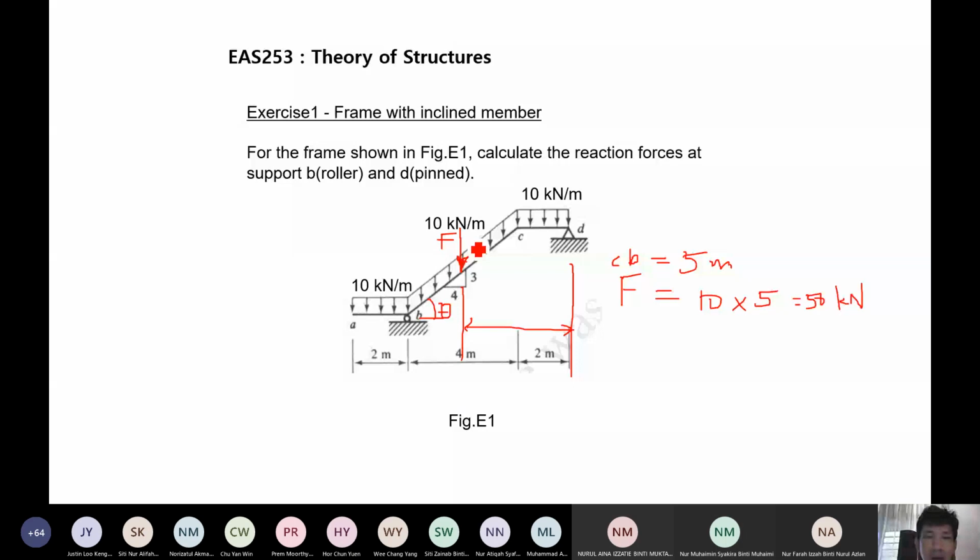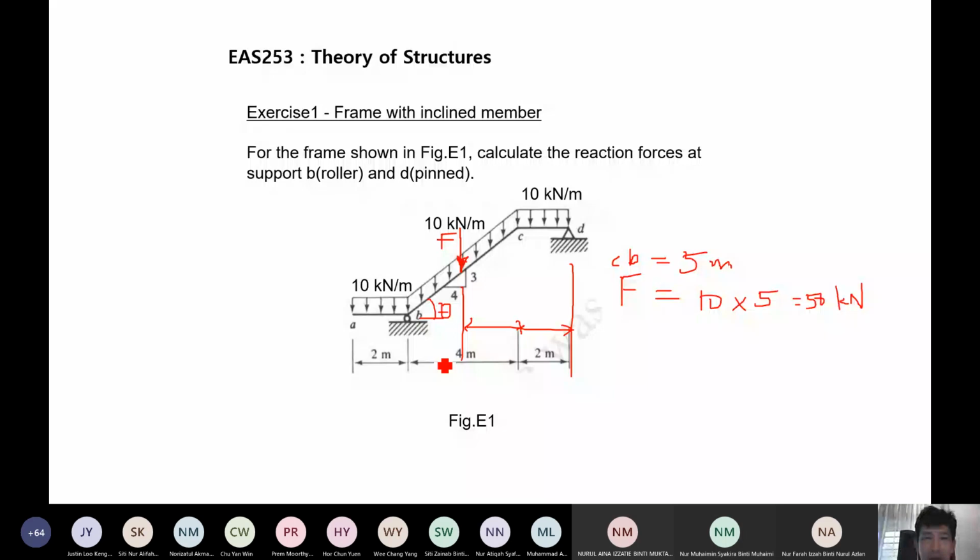What is this length here? This length is also 2 meter, because this is acting right at the middle of this inclined member, as it is UDL. If this is 4 meter, this one becomes 2 meter. So the moment caused by F will be 50 multiplied with 2 plus 2, which is 4 meter, at point D in counterclockwise direction.